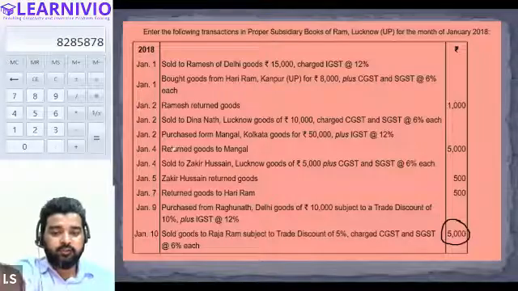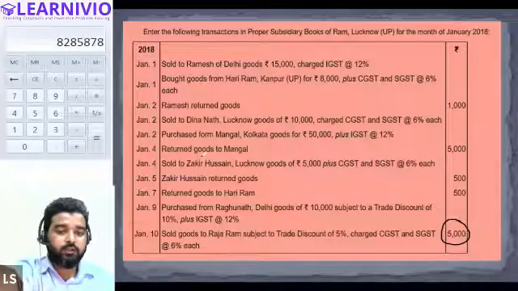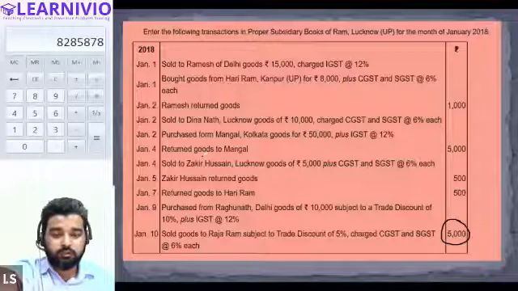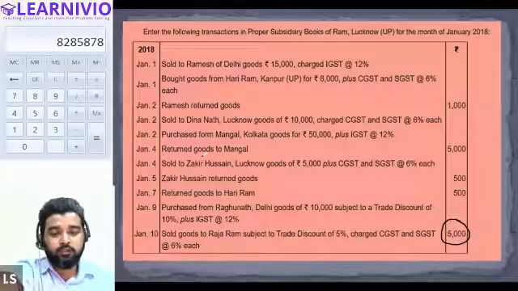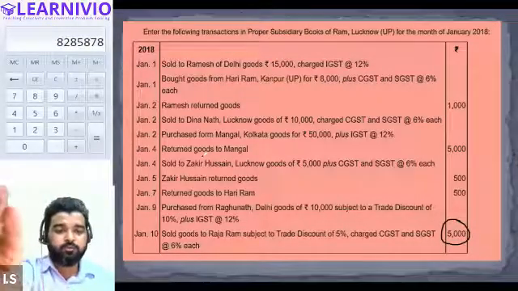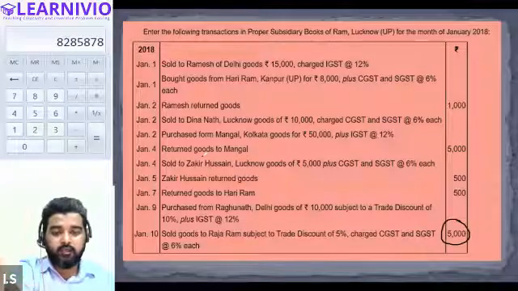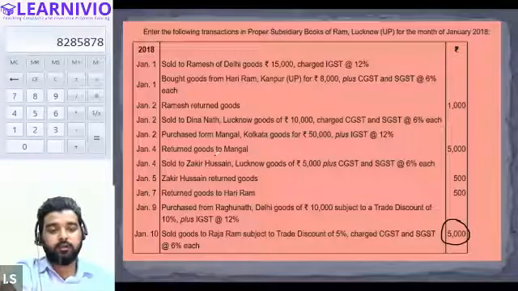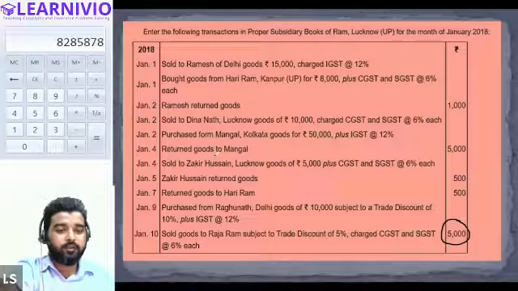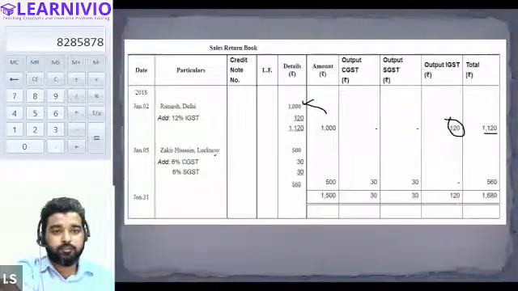After that, on January 4, Mangal is returning goods. We are returning goods to Mangal. We have earlier purchased goods from Mangal, and now we are returning goods to Mangal. So this will be in the purchase return book.